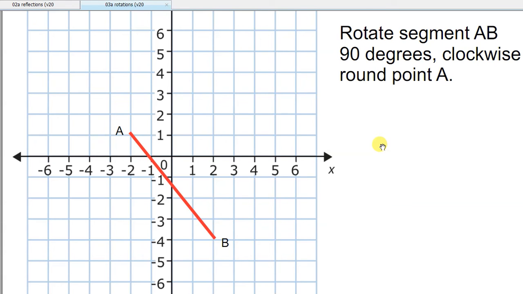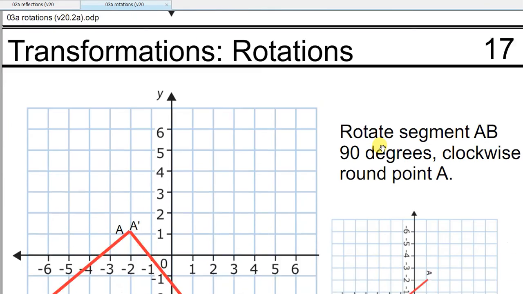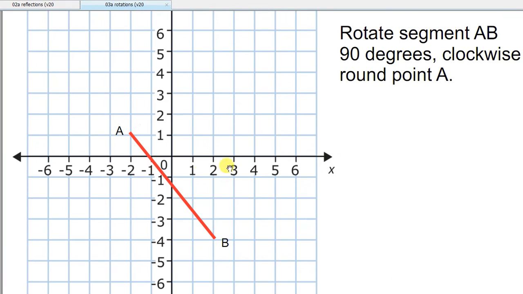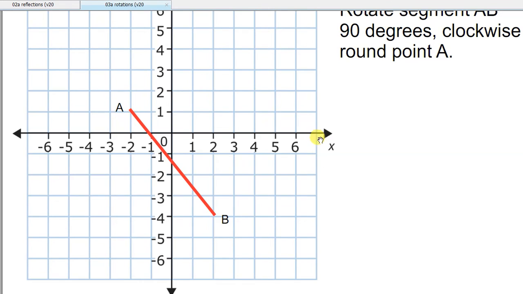Oh, rotating around a point A. It's a little bit different. So if I took this shape right here and rotated around point A, how would that work? Let's try it.